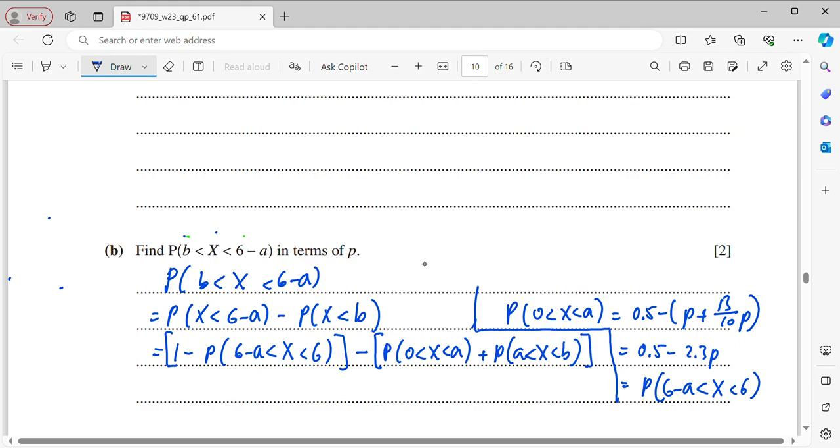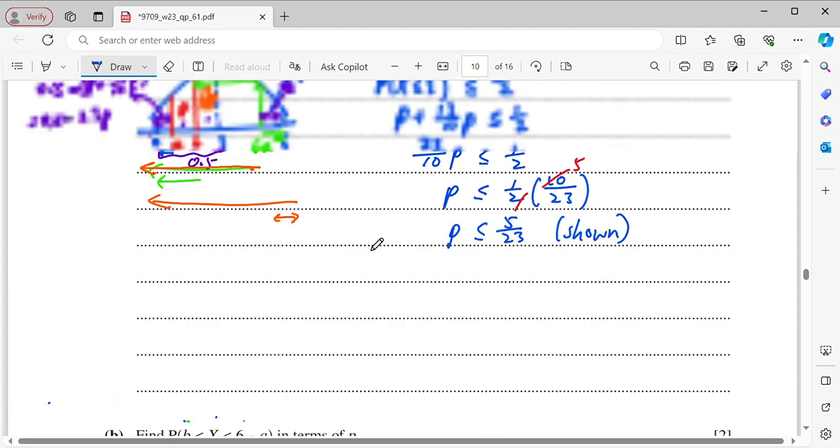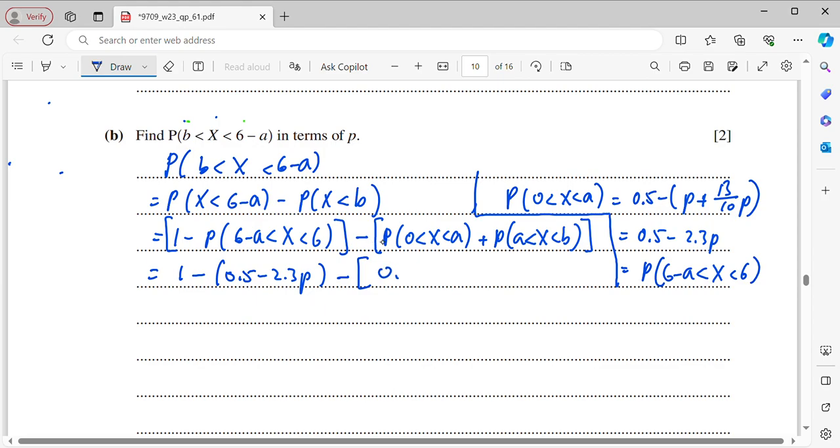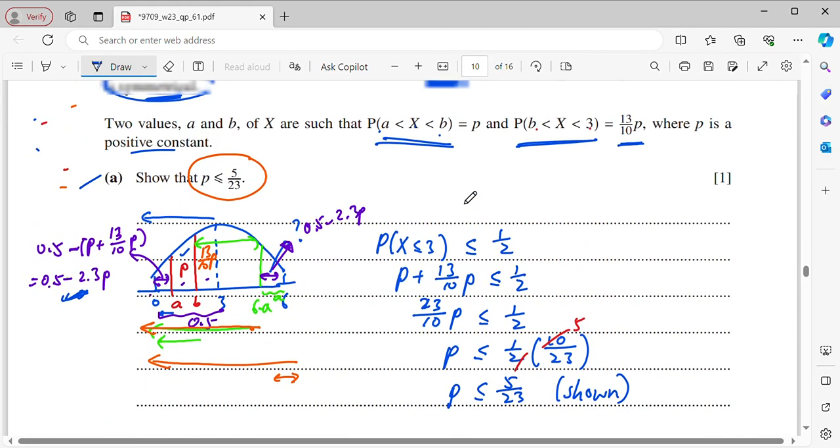Okay, so then from here I will write 1 minus, this probability is basically 0.5 minus 2.3p, and then 1 minus x between 0 and a is basically 0.5 minus 2.3p. Then plus x between a and b. So x between a and b is given in the question, which is p.